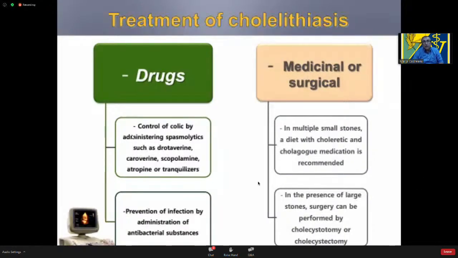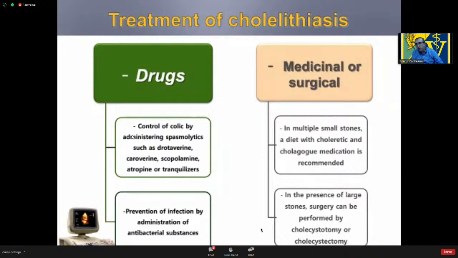And of course, because we can talk about the specific irritation and inflammation of the gallbladder wall, a secondary cholecystitis due to the presence of the gallstones, it's important to recommend preventive or therapeutic antibacterial substances.